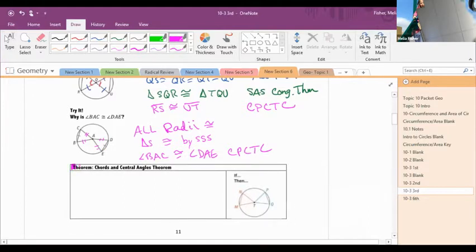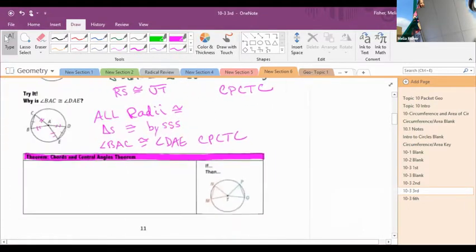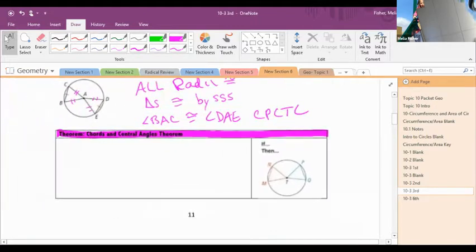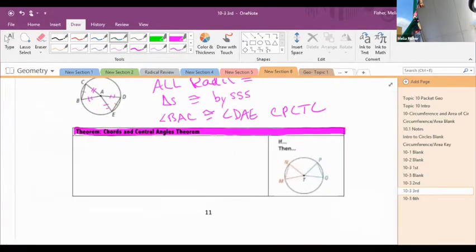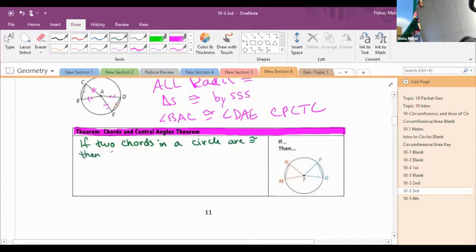And of course, I'm going to highlight, we have another theorem. I want to blow this up without pushing it clear off the page. There we go. All right, if two chords in a circle are congruent, then their central angles are congruent.